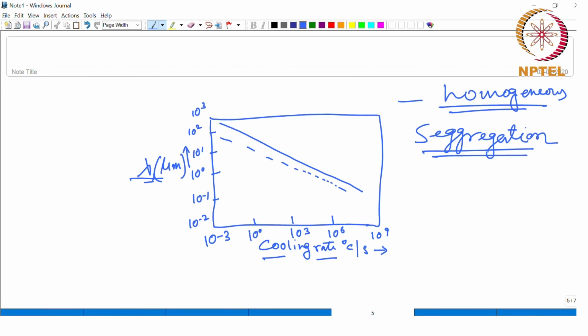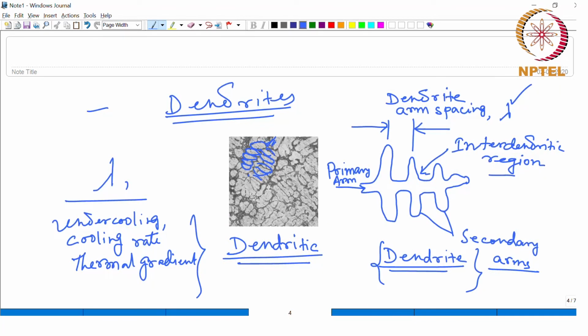So, therefore, the microstructure is also related to the homogeneity of the material, in this case the powder which is forming, and therefore, when you decrease this spacing, that means this lambda, the dendrite arm spacing, you can also expect the segregation to decrease, right, because as I said, the segregation is mainly concentrated around these regions.